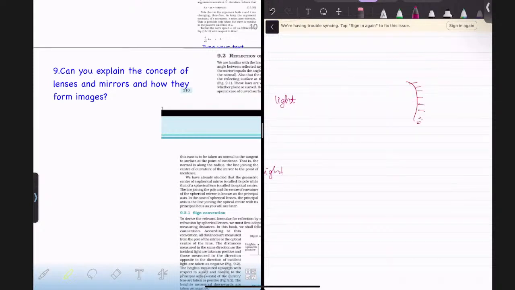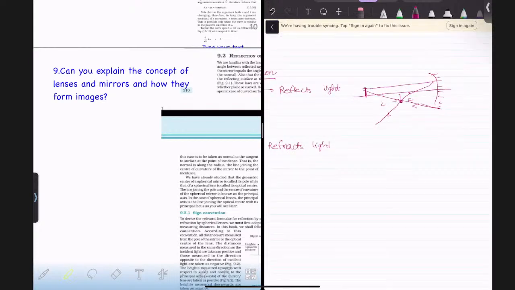यहाँ पे अगर आप कनकेव मिरर ले लिया आपने, ओके, और यहाँ पे ऑब्जेक्ट है, तो हम लोग इमेज कब प्रोड्यूस होता है, जब two reflecting lights join with each other, two reflecting lights intersect with each other, it then only it will produce a image.